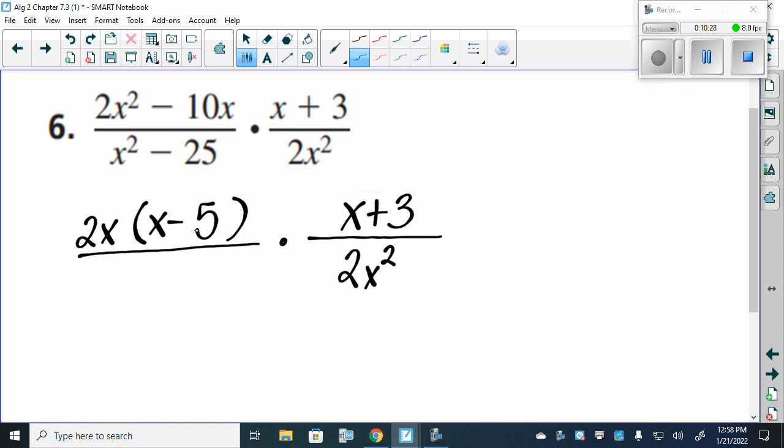So we finished factoring everything except for the x squared minus 25. Now the x squared minus 25 is a difference of perfect squares, which would factor to x plus 5 and x minus 5.